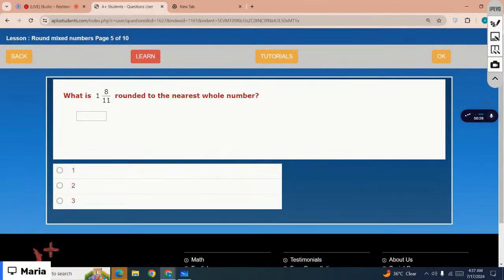What is 1 whole 8 over 11 rounded to the nearest whole number? So which is the correct option?